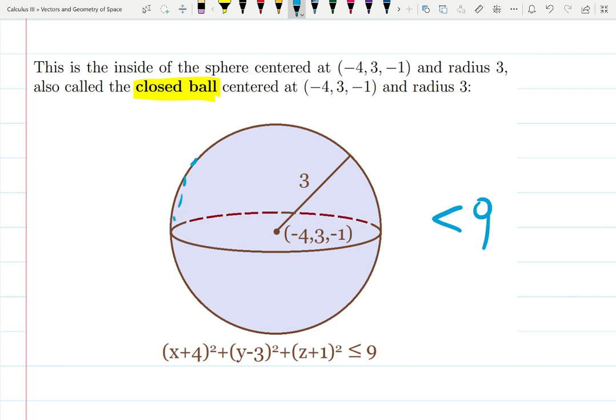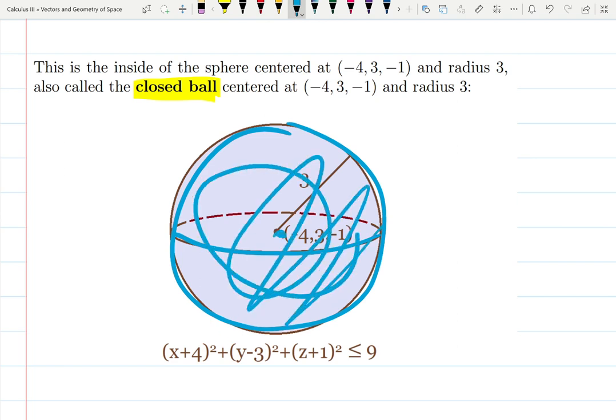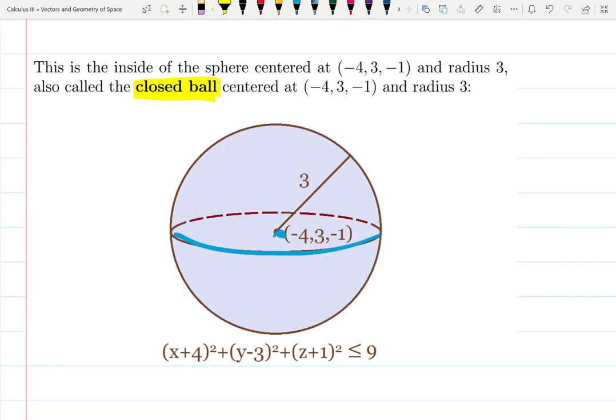Then they indicate the outside with dashes. But usually we include it, so it has a physical interpretation. So this is a sphere, just like we drew before, with everything inside of it. Inequality gives me the opportunity to have physical objects. Does that make sense?